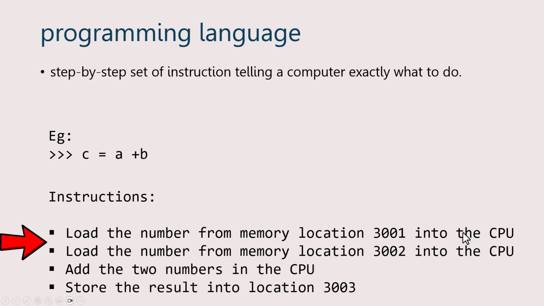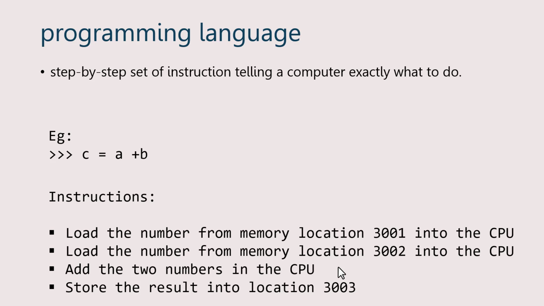The second instruction is to load the number from memory location 3002 into the CPU. The third instruction is to do the arithmetic operation by adding the two numbers in the CPU. And finally, the result I'm asking to store in location 3003. So this is a set of instructions that the computer will generally receive.